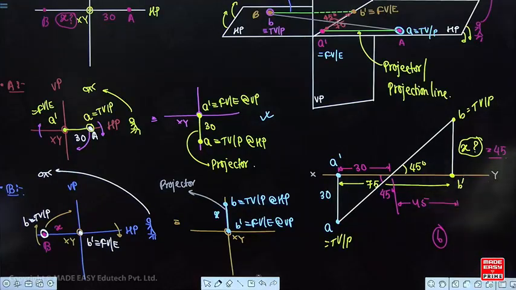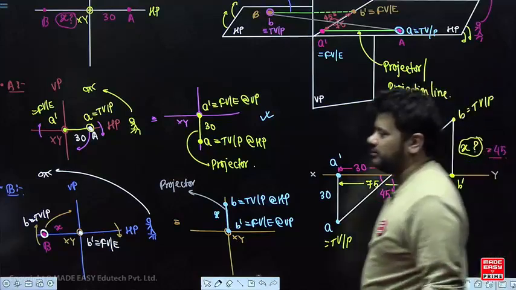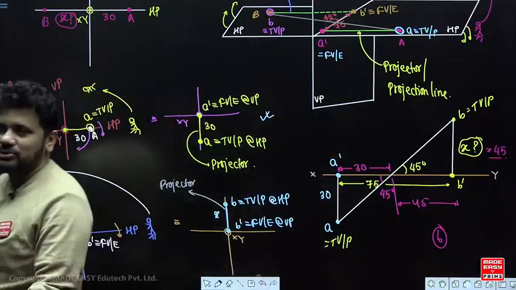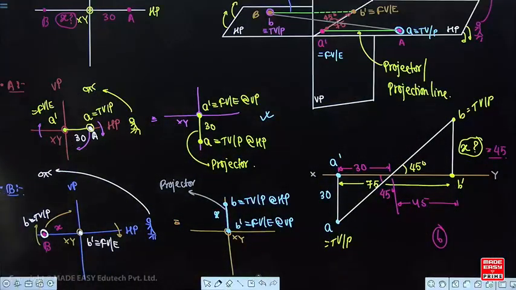Okay, fine. So this is all about the projection of points. I hope you have understood projection of points clearly and you have seen how to solve. We have solved so many questions and I left so many questions. The answer keys have been uploaded, you can do them yourself, because those questions are really easy, right.